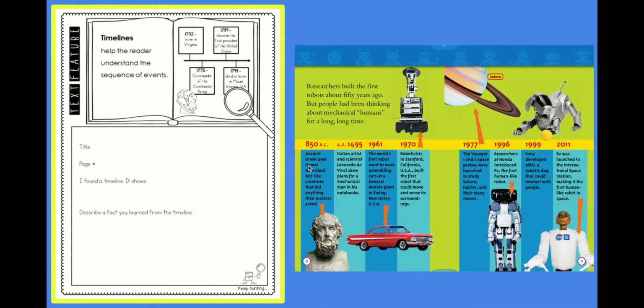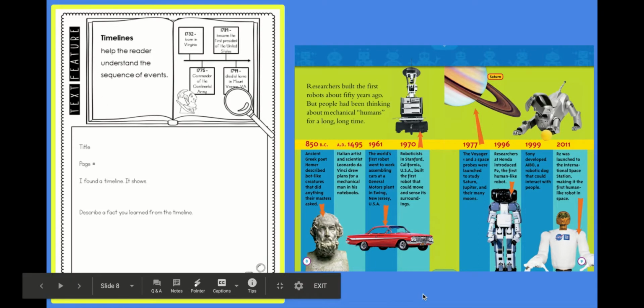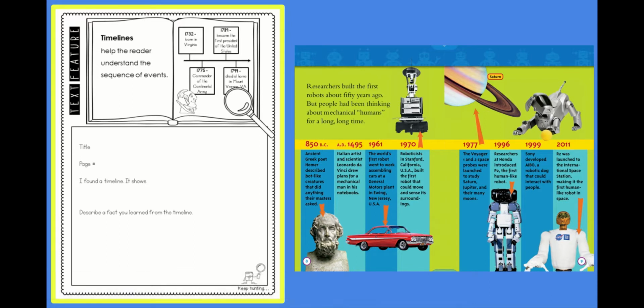The next text feature that I'm going to be talking about are timelines. And I'm sure a lot of you have seen timelines in social studies or already while you're reading your nonfiction books. And timelines help the reader understand the sequence of events from start to finish. It's just showing you a period of time that has passed.